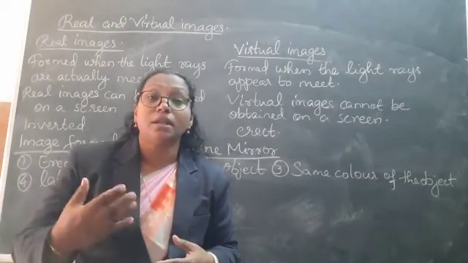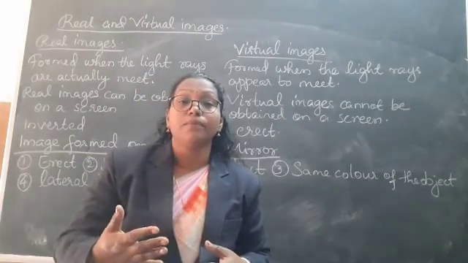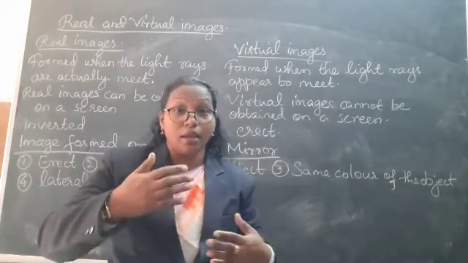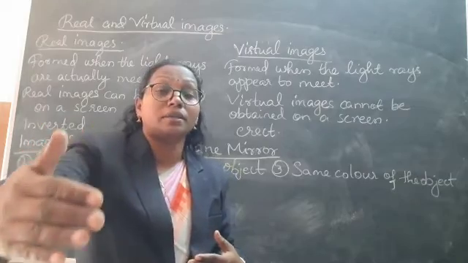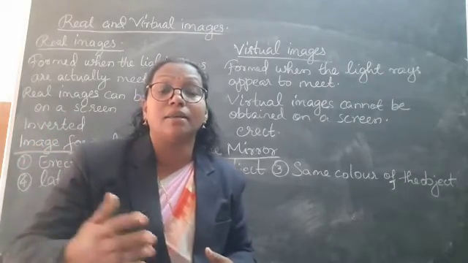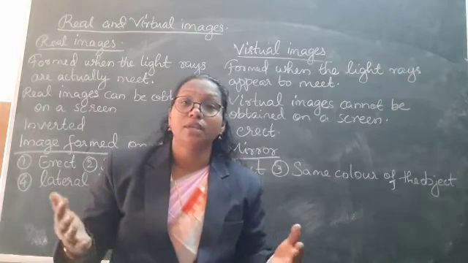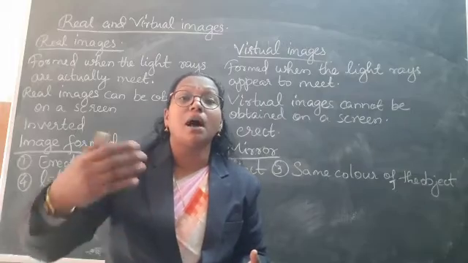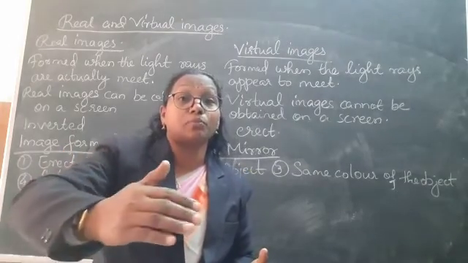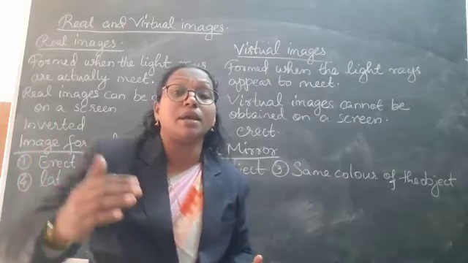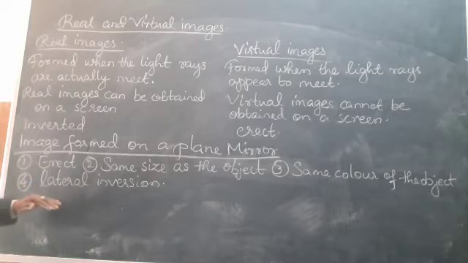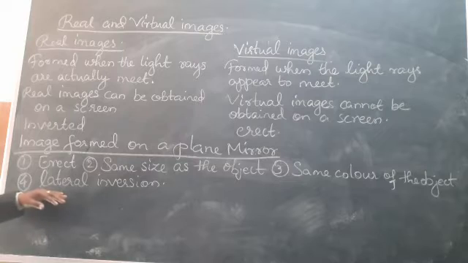For the image that is seen inside a plane mirror, whatever distance the object has from the mirror, the image also appears to be at the same distance inside the mirror. But we know that there is no place inside the mirror, yet it appears to us that there is some space where the image stands. Now students, the last property of the image formed on the plane mirror is lateral inversion.